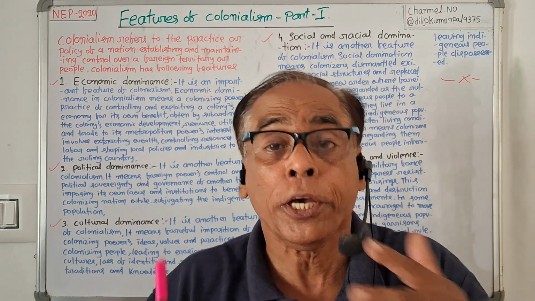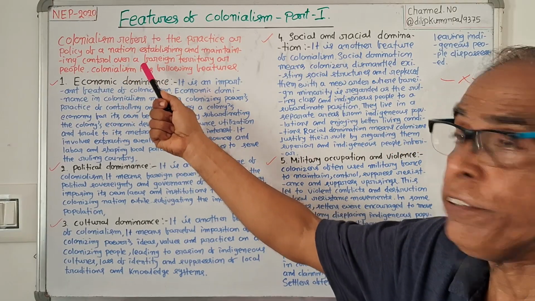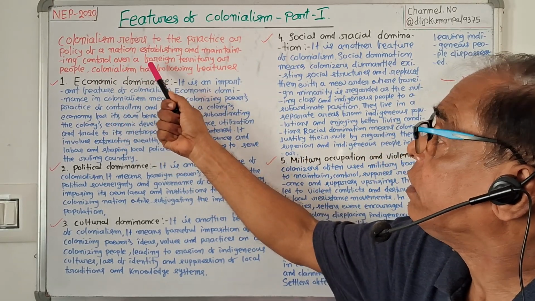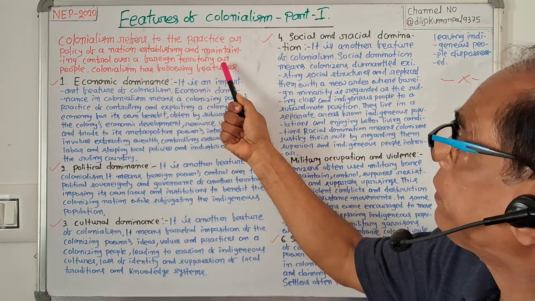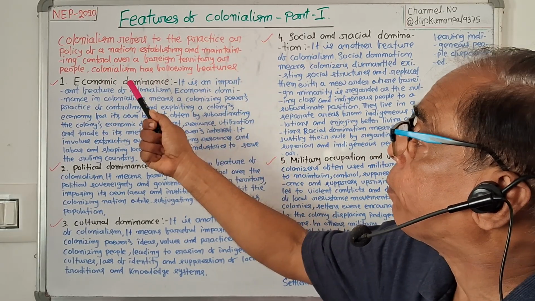Let us start. Features of colonialism. Colonialism refers to the practice or policy of a nation establishing and maintaining control over a foreign territory or people.